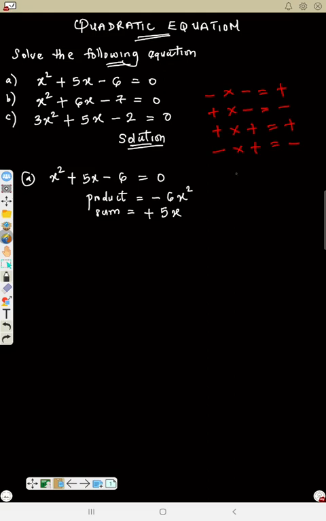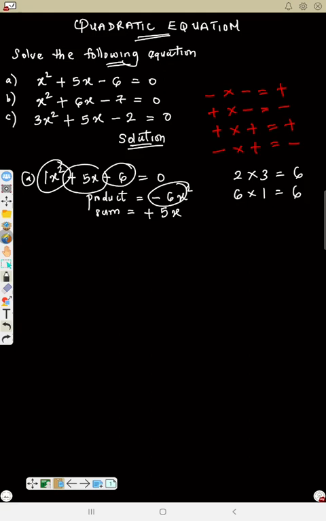Now what are the two factors? We have 2 times 3 will give you 6, and again 6 times 1 will give you 6. But if you look at this, we said the product is 1s squared times minus 6, that is minus 6s squared, while the middle one is the sum. Now our product is minus, but the factors we got are plus. How can we achieve minus in our product?